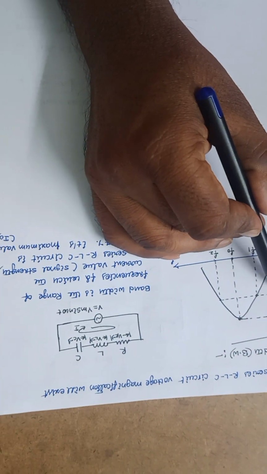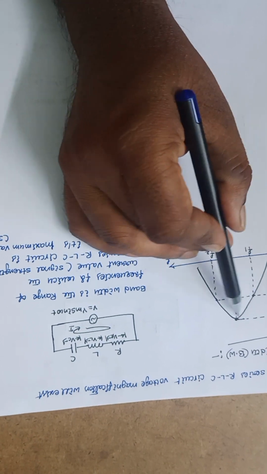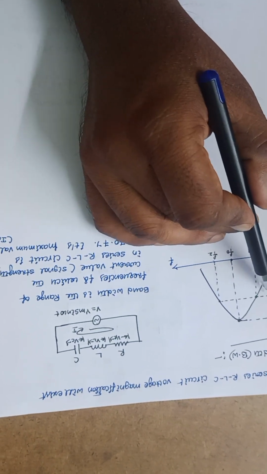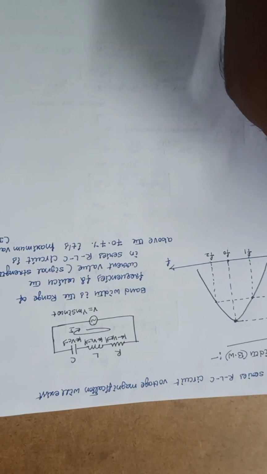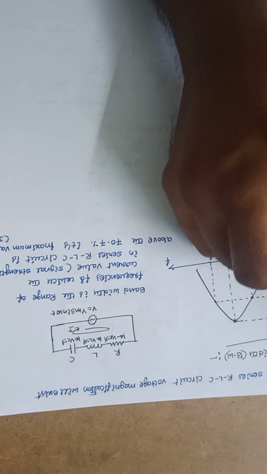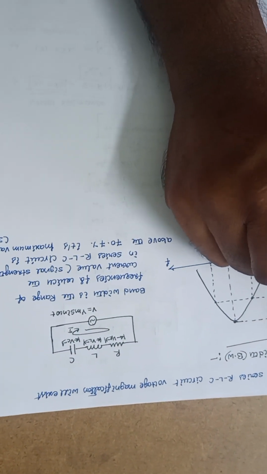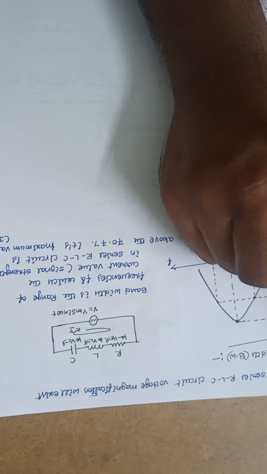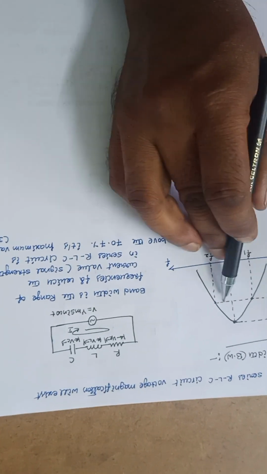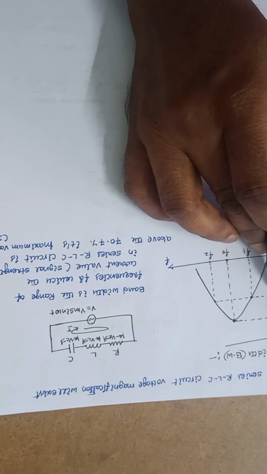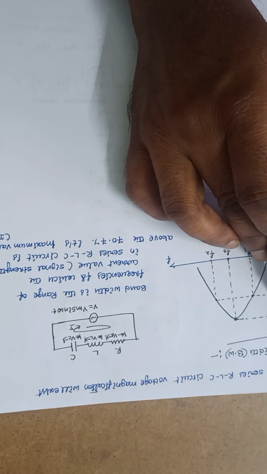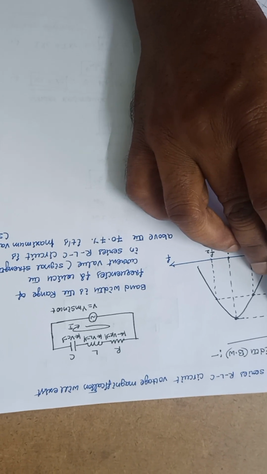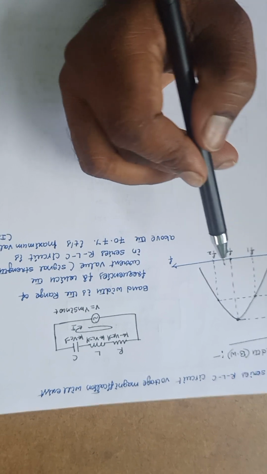So it is 70.7% of I naught. This portion has the magnitude of the current above 70.7% of its maximum value. Above this 70.7%, 70.8, 80, 90, 100% — that is 100% means I naught.